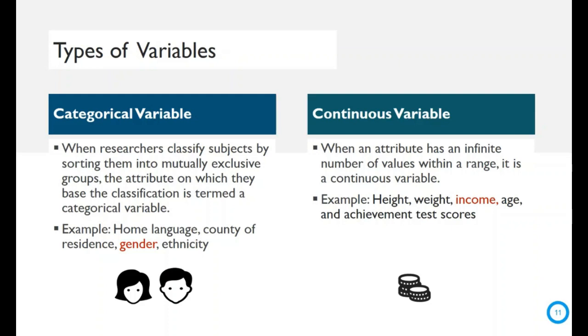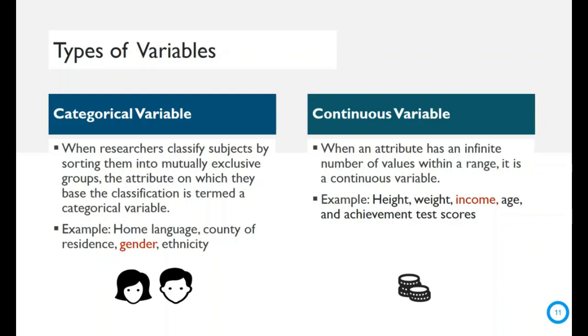Just like home language, county of residence, gender, ethnicity. Like gender, male, female, they are two independent categories in that specific variable. So we call them categorical variables.